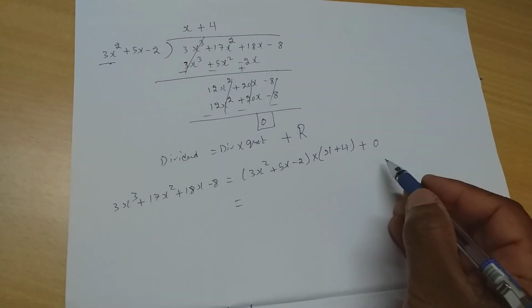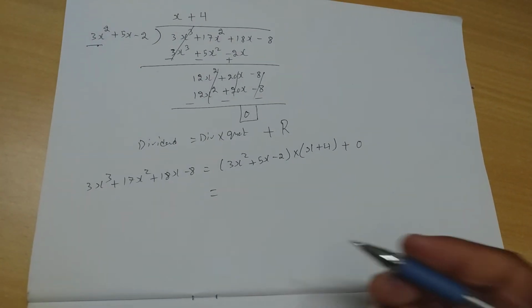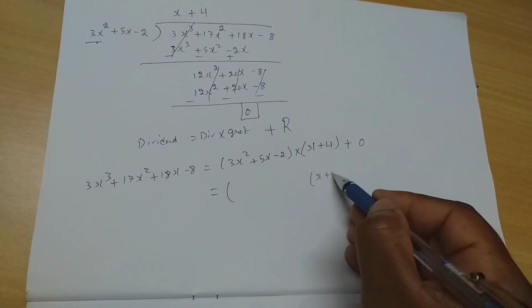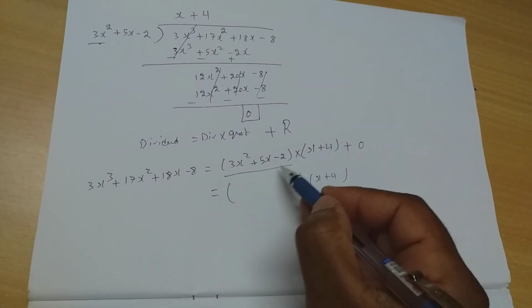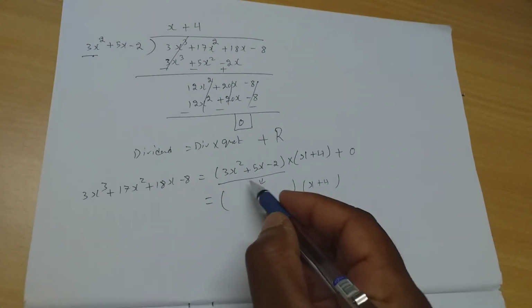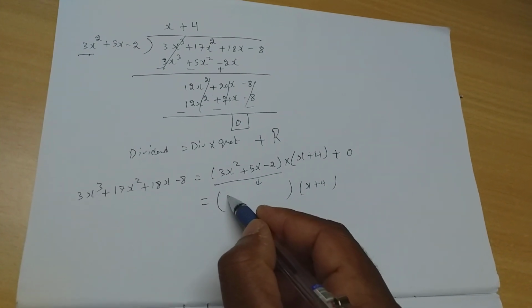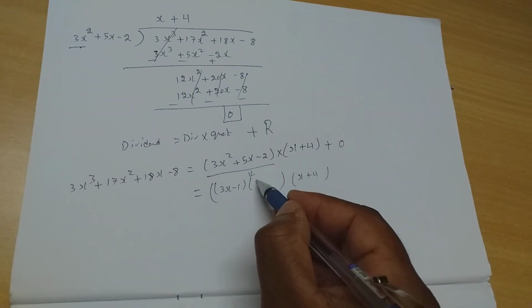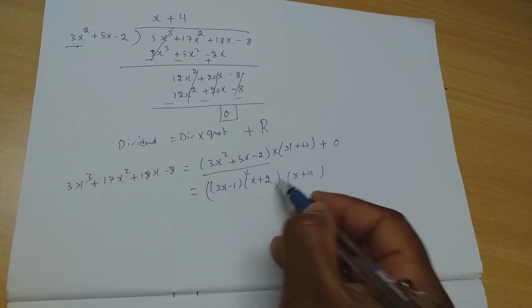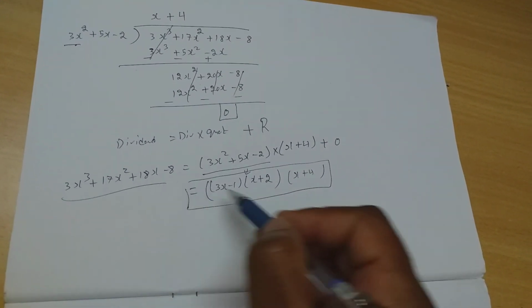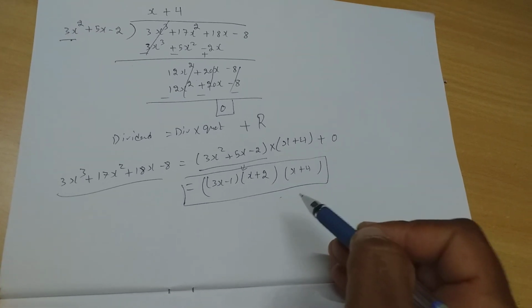You should not leave it here. He is asking you to factorize completely. So x plus 4 as it is you will be writing. But this, if possible, you need to factorize it. And once you factorize, the values that you get are 3x minus 1 and the other one is x plus 2. So the sum is done. You have factorized this completely. Are we clear?